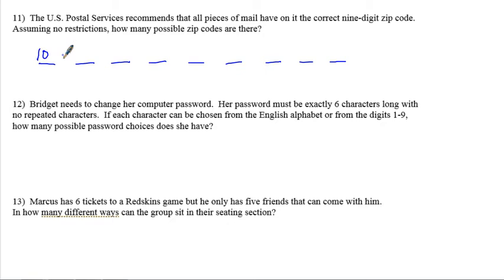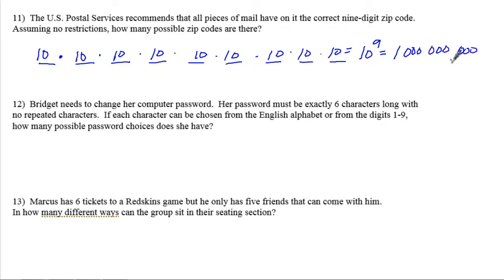And since there are no restrictions, we're allowed to repeat. There's another 10 options here, and 10 here, and 10 here, and so on and so forth. So this actually ends up being 10 to the power of 9, or 1 with 9 zeros after it. So there are 1 billion different zip code possibilities.